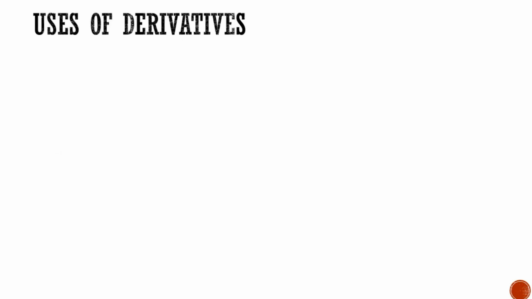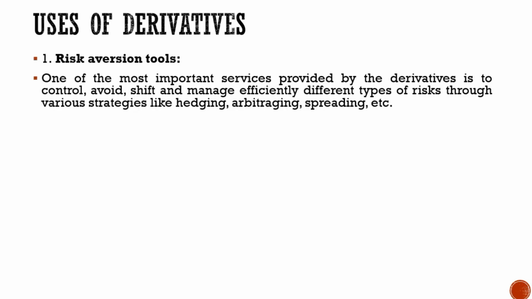Now let us learn what are the various uses of derivatives. Number one, the risk aversion tool. One of the most important services provided by the derivative is to control, avoid, shift, and manage efficiently different types of risk through various strategies like hedging, arbitraging, spreading, etc. Now, again, derivatives is basically used for your risk management.